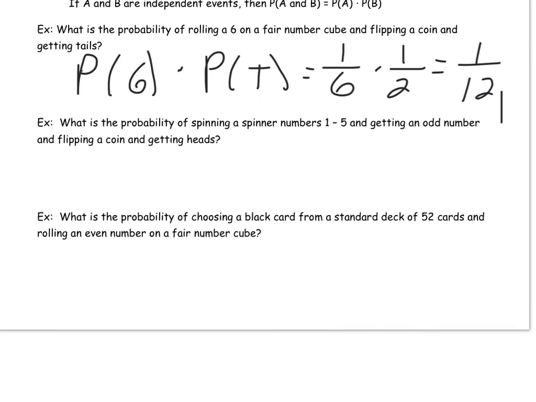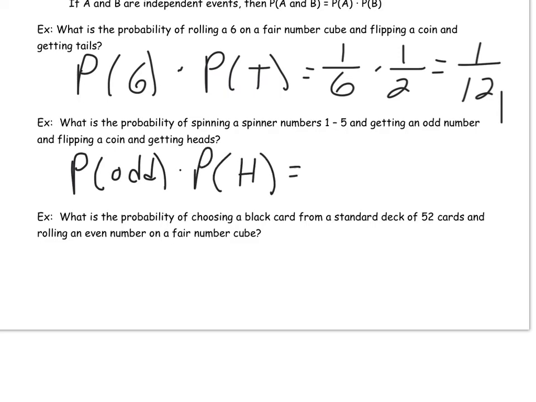So what is the probability of spinning a spinner numbers 1 through 5 and getting an odd number, and flipping a coin and getting heads? Again, spinning the spinner and flipping the coin have nothing to do with each other. So I'm going to do P of odd times P of heads.